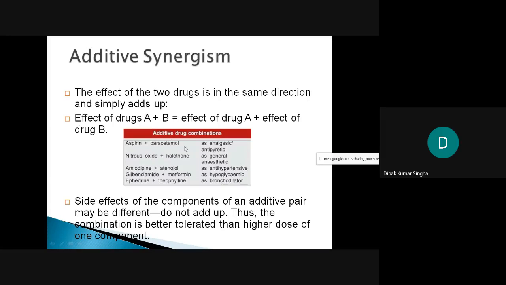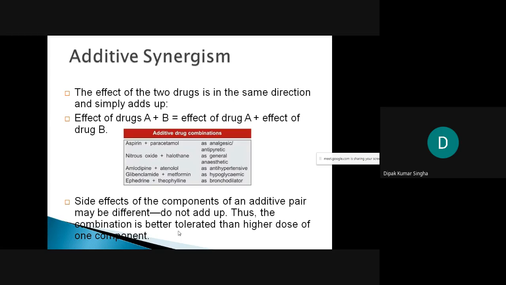So why are they used? Basically to reduce the side effects. The side effects of the components of the additive pairs may differ and do not add up. So the combination is better tolerated than a higher dose of one component. Actually, all the effects are the same: aspirin, paracetamol, nitrous oxide, halothane, amlodipine, atenolol.